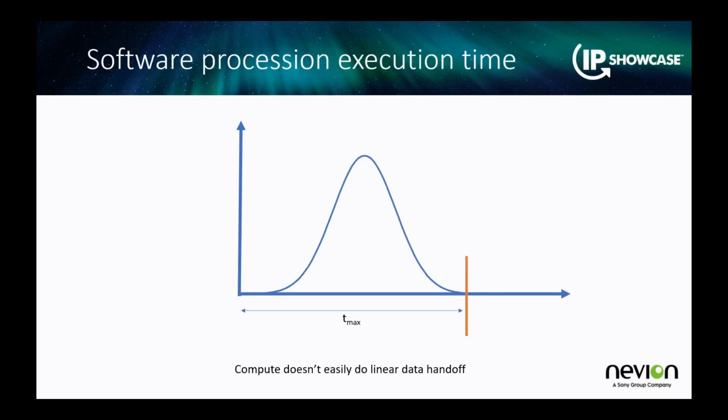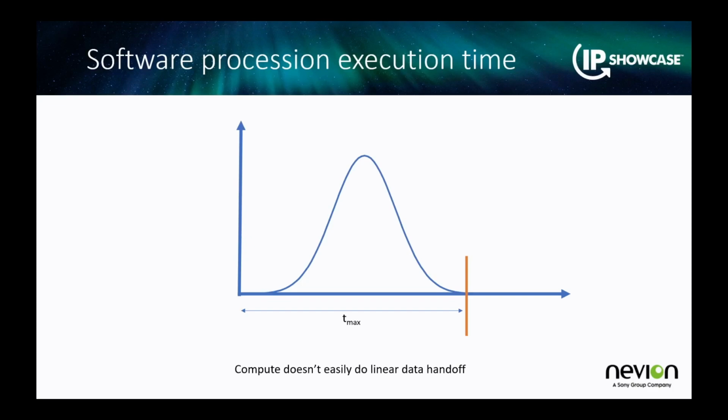We've already said that computers don't do linear data handoff very efficiently, but compute processing is also inherently a non-linear function. So we have this distribution curve here. The execution time of a software function is nominally going to take a certain amount of time, but there's a tail.